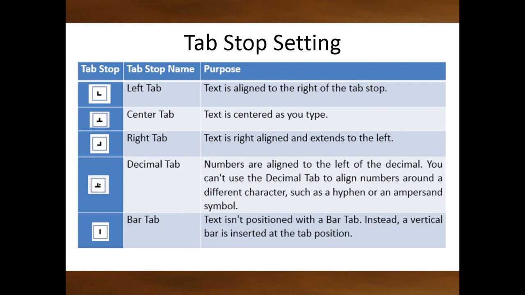That is, the tab stop marks the beginning, and the text that you enter is placed after where you set the tab stop. That is for the left tab stop.